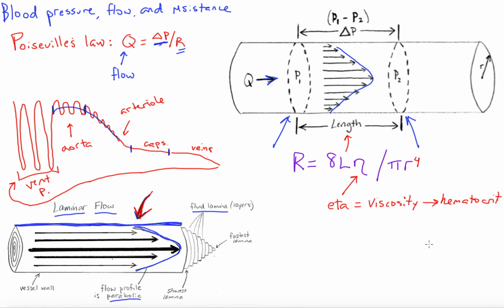So it's not molecules sticking to one another, but red blood cells bouncing off one another, as well as bouncing off the walls of the vessel. High hematocrits are dangerous because they generate high viscosity, and high viscosity obviously would tend to diminish blood flow.